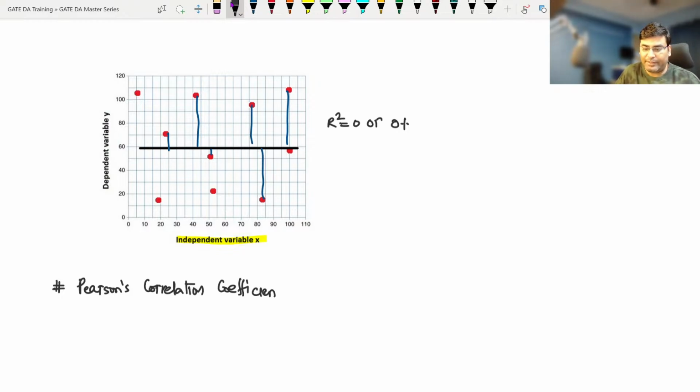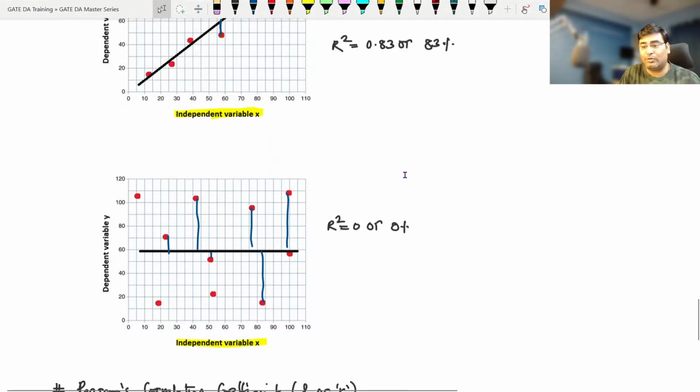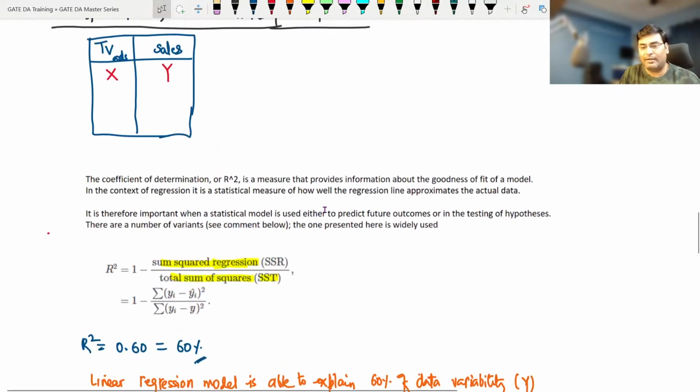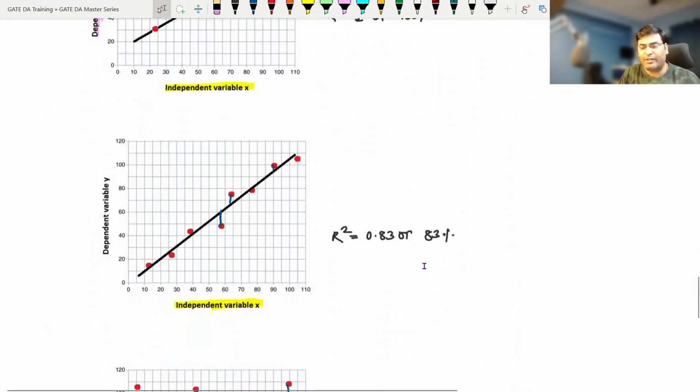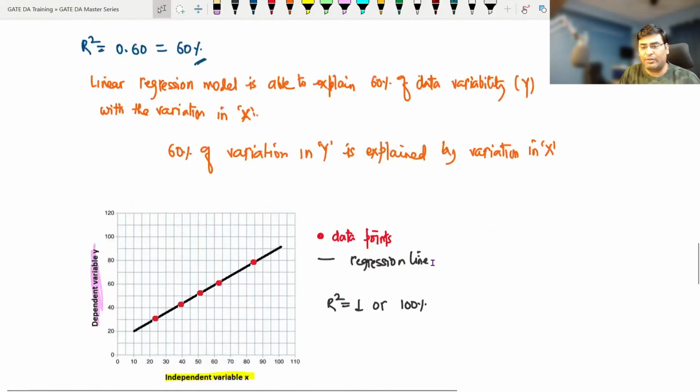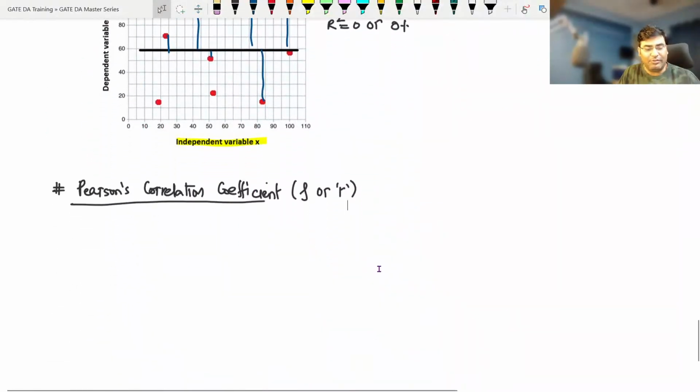It's a very important topic for linear regression as well. The correlation coefficient is denoted by rho or R, and if you square R, it becomes the typical coefficient of determination. So one way of calculating R square is to apply the formula I have given here, or you can calculate the correlation coefficient and square it.